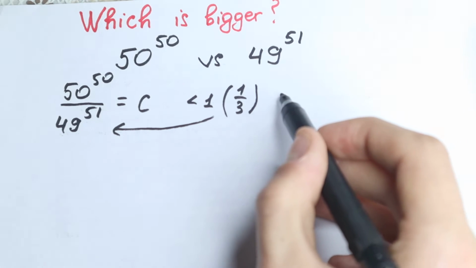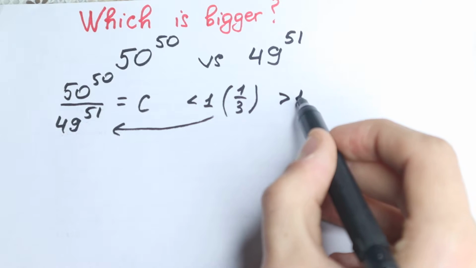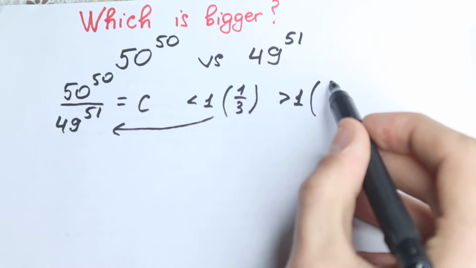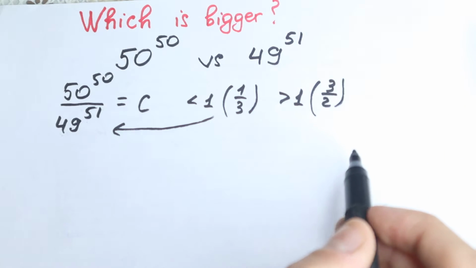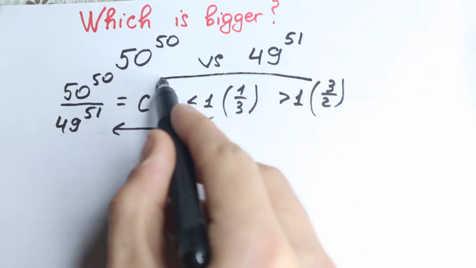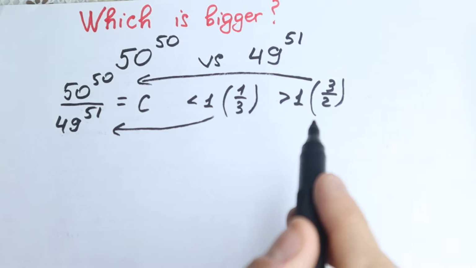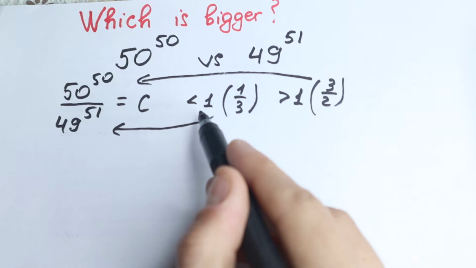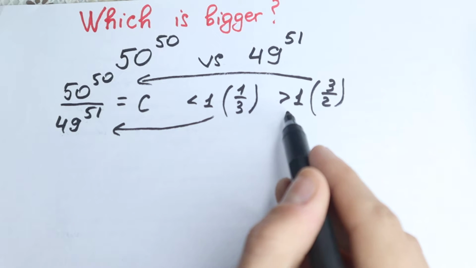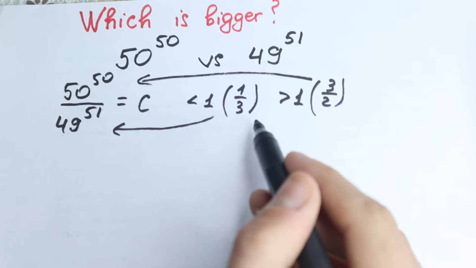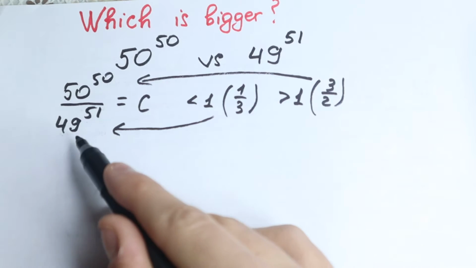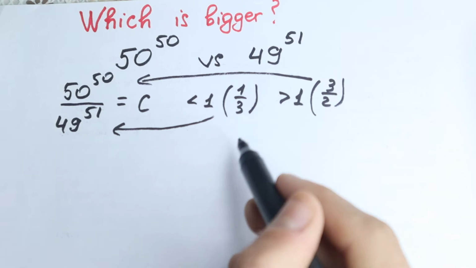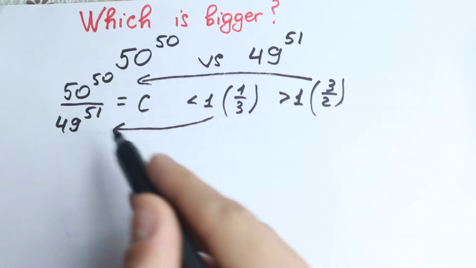But if the result is greater than 1, for example a fraction like 3/2, then 3 is greater than 2, so the numerator is greater. So two cases: if the result is less than 1, the denominator is greater; if it is greater than 1, the numerator is greater. I hope you understand this really important step. So let's try to divide it.